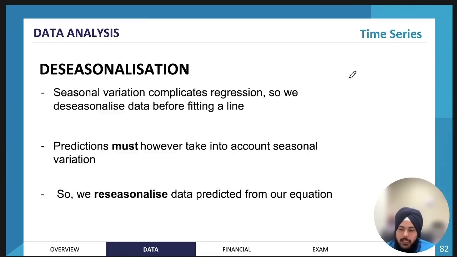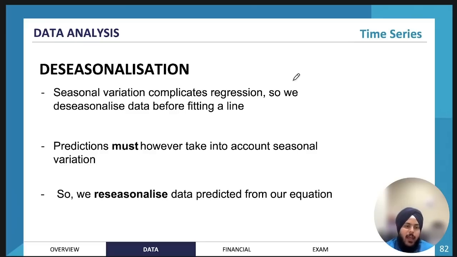Okay, so now we'll quickly look at deseasonalization. Deseasonalization is essentially where you have a value and you're trying to remove the effects of seasonalization in order to construct a model. Again, that's the purpose of seasonal indices.